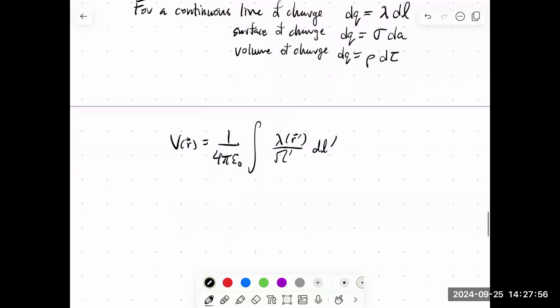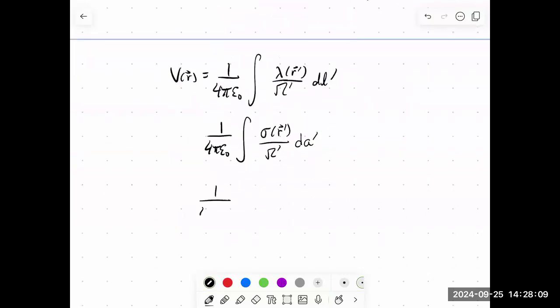Okay, and then you'd have analogous things for surface charges, dA prime, and for volumes, rho of r prime, script r, d tau prime.